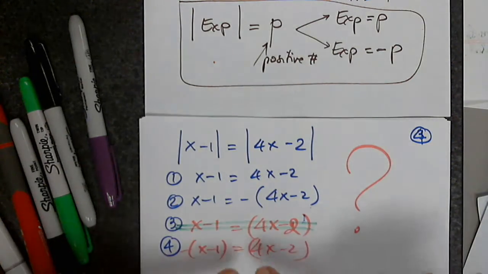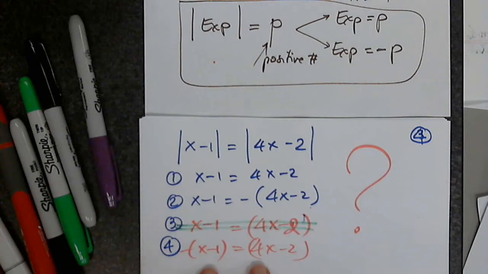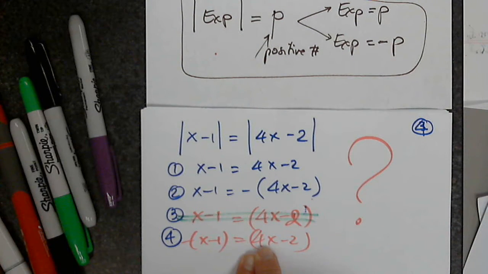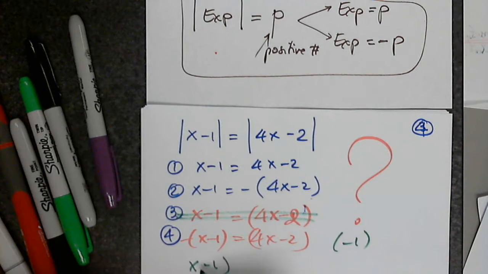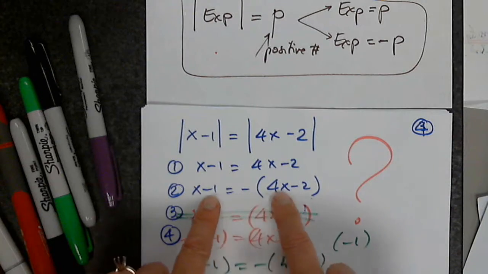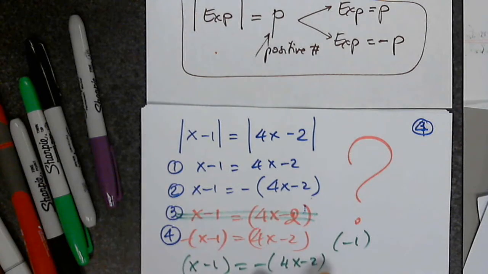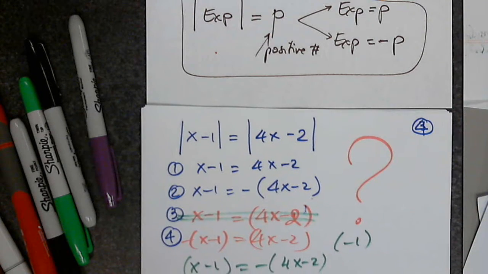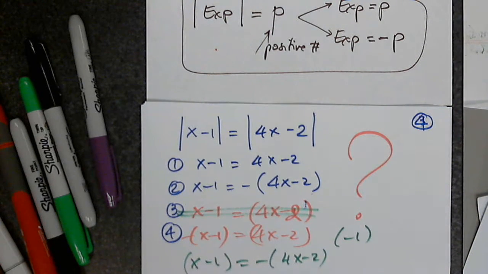Would you agree that this is absolutely the same as this? If I multiply both sides by negative 1, this will have positive in front and this will have negative in front. So let's multiply both sides here by -1. This is x minus 1, and this is negative (4x minus 2). If I multiply both sides by -1, do I obtain the previous one? Look. Yes.